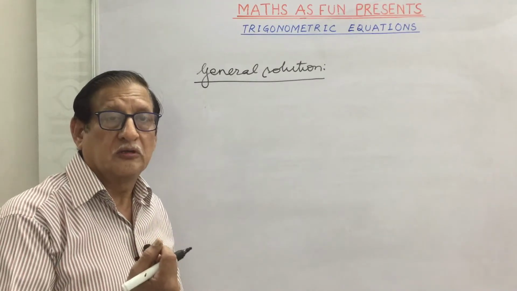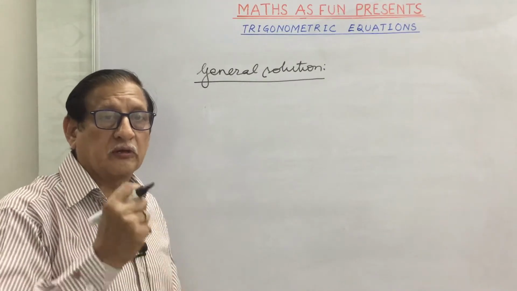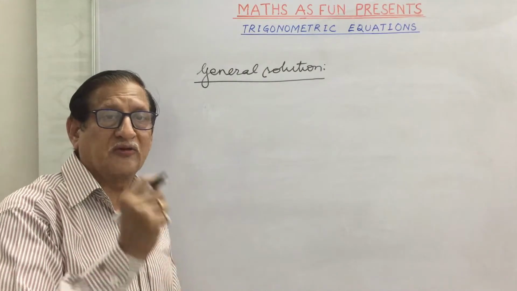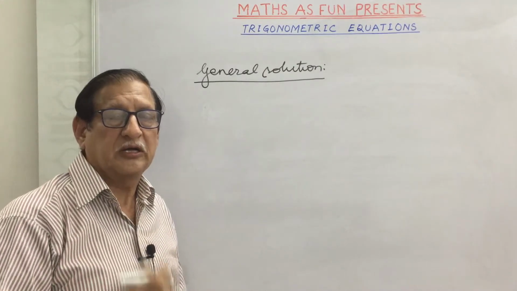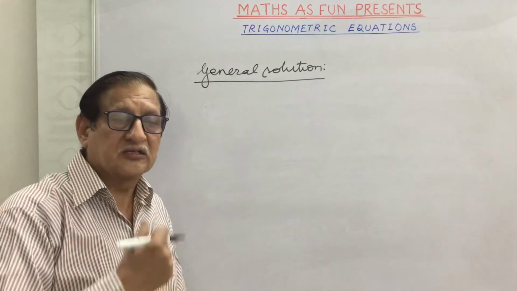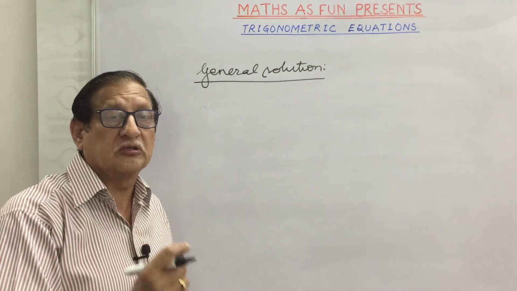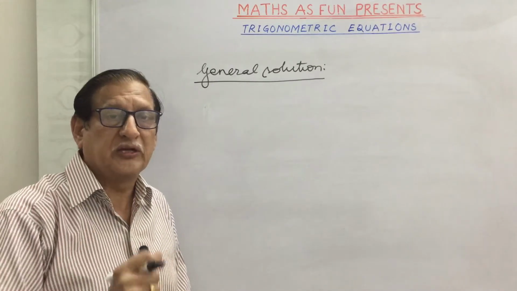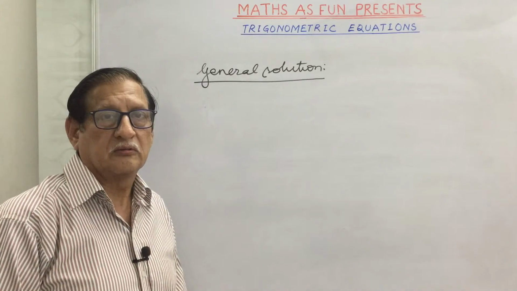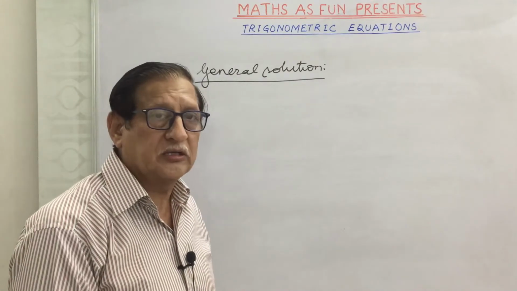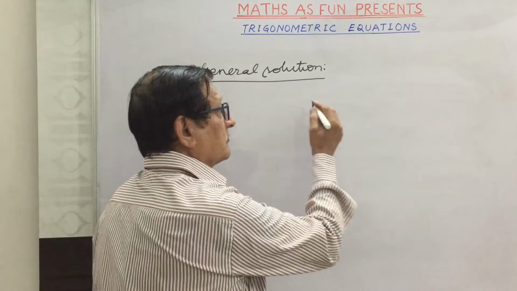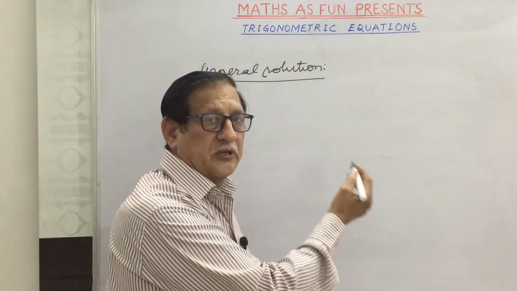When we talk about general solution of equation, that is required. Why? Because every trigonometric equation is not having only one solution. It has many solutions, and that's why we say every trigonometric equation has infinitely many solutions. Why it is so? Because every trigonometric function is periodic.